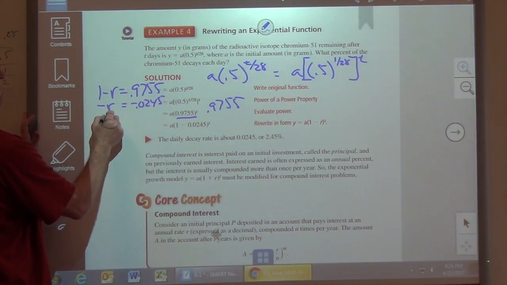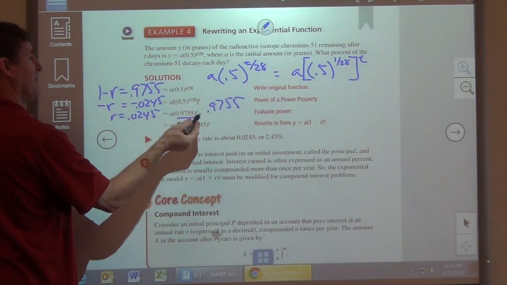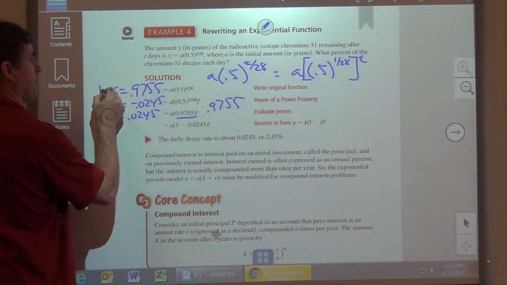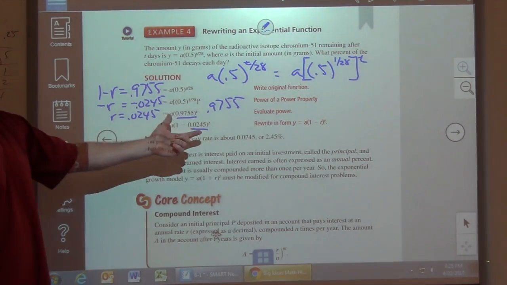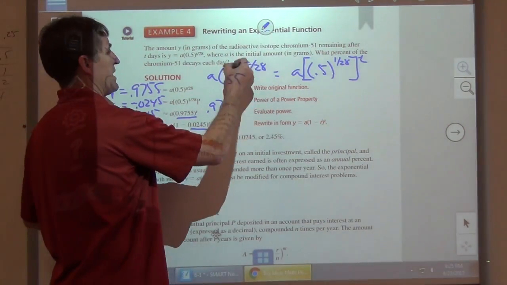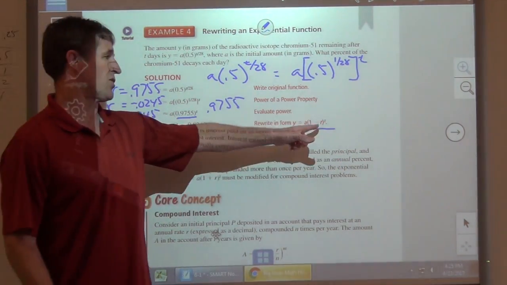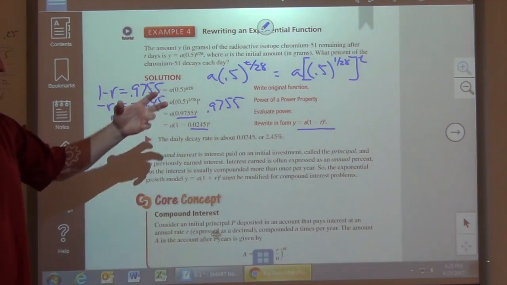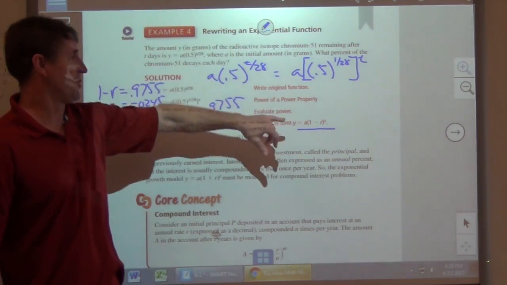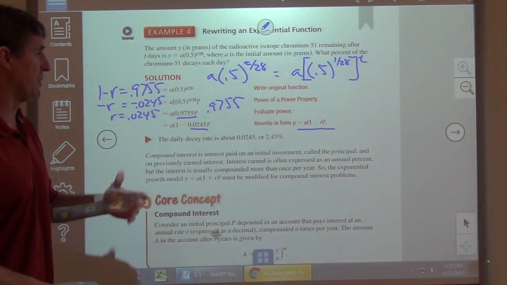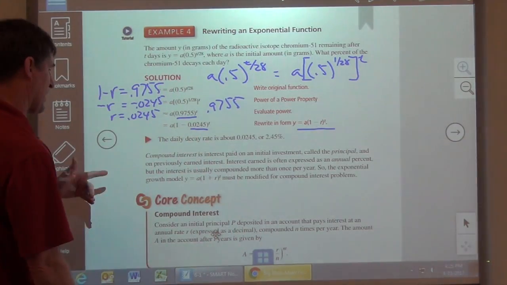And since it's negative, r would be 0.0245. The other way to do it is just take this and subtract 1 to get that value, 0.0245. And so now we've rewritten the formula from this form into the form y equals a times (1 minus r) to the t power. So it's a way to convert it from an exponential form into a growth decay formula from the original one.